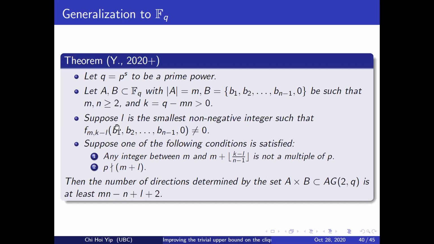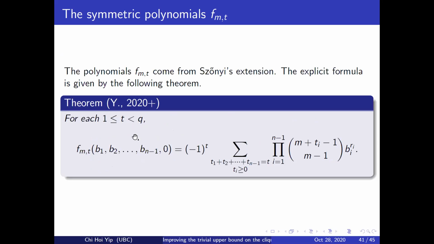Then we need to pick l, which is the smallest non-negative integer such that this polynomial f_{m,k} minus l evaluated at this set B is non-zero. The definition of this polynomial f_{m,k} comes from Rédei's extension polynomial, and the explicit formula for it can be described by this equation.